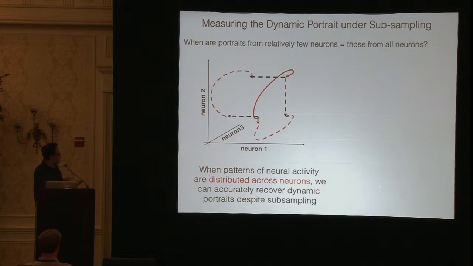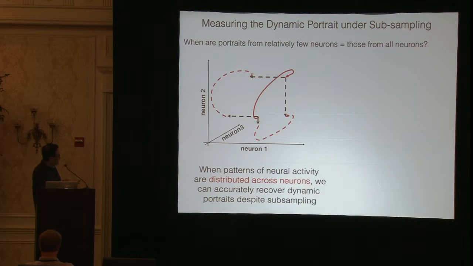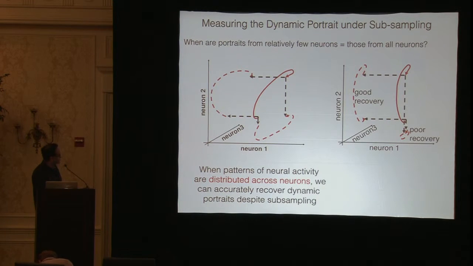If that manifold is randomly oriented with respect to the single neuron axes, in a way that can be made mathematically precise but is not essential for conveying the intuition, then it doesn't really matter which 2 neurons I measure. The shadow of this trajectory onto the subset of recorded neurons will be the same, and its geometric distortion won't be too large. Of course, we may not always get that lucky in neuroscience.